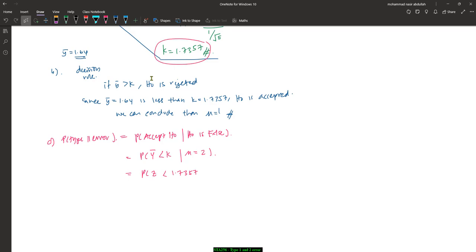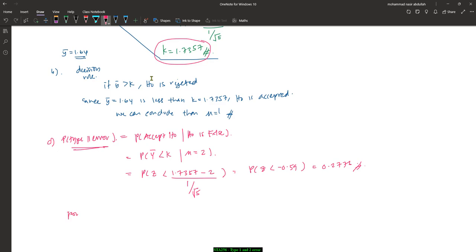We define k from the previous question. Minus mu is equal to 2 divided by sigma is equal to 1 over square root of 5. So this one should be probability of z less than negative 0.59, right? So this one should be, tengok dalam table, dia dapat 0.2776. So this is the probability of type 2 error.